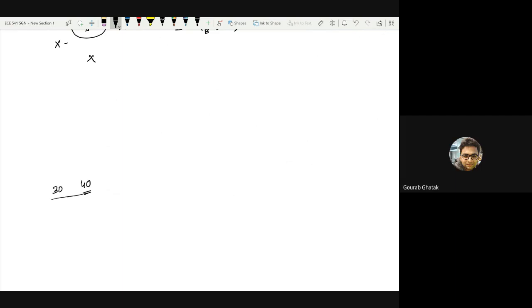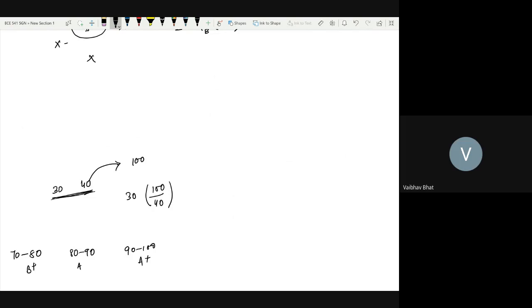So if these are the only two guys in the class, and if I have set boundaries like 80 to 90 becomes A, 90 to 100 becomes A plus, something like this, and 70 to 80 becomes B plus, something like this. So 40 becomes 100, 30 becomes 30 into 100 by 40, I guess. 75. Yeah. So he will be here. Okay. Is this clear enough?